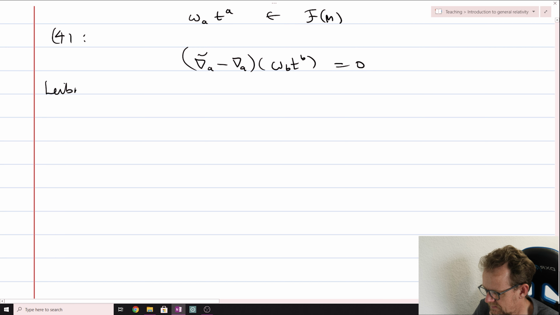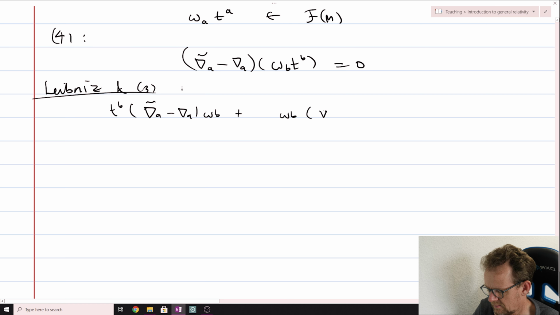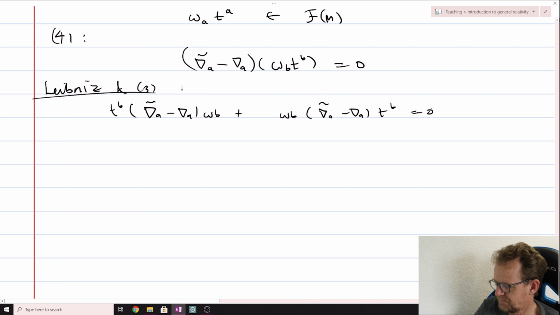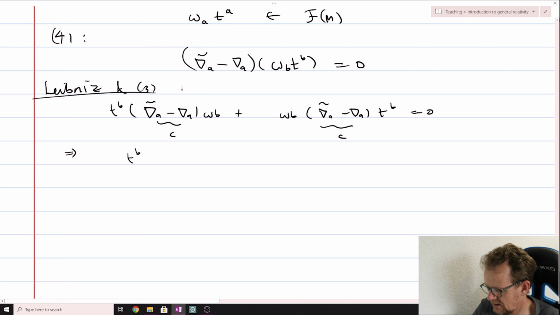So now we use Leibniz and 3, and we learn that the following expression vanishes. Now we substitute the definition of C. What are we going to learn? Well, we find T^B C^C_{AB} omega_C plus omega_B, and we don't substitute in the second one actually.